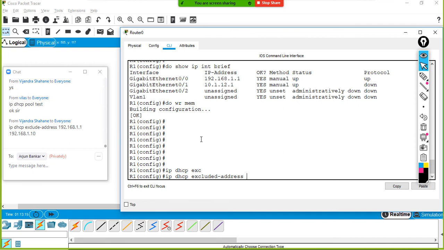Very good, you are typing good. Type it all together in one shot. Guys, if anybody types quickly, then type it. All the commands, just copy it and paste it there. No issues.